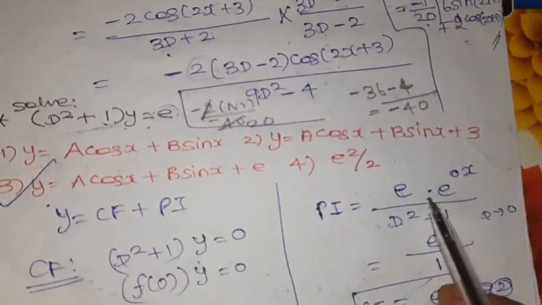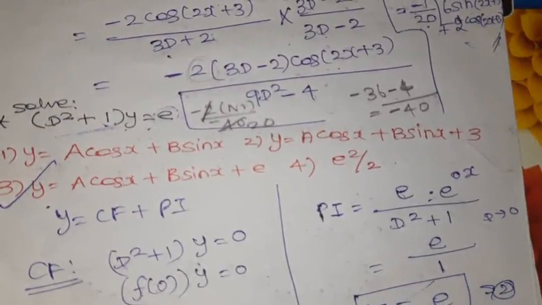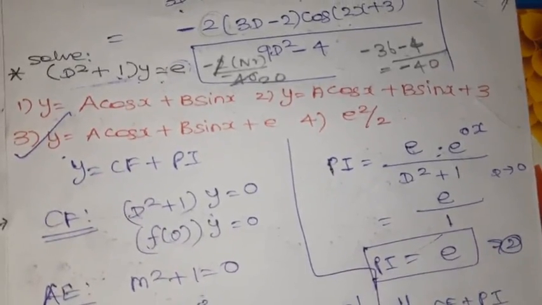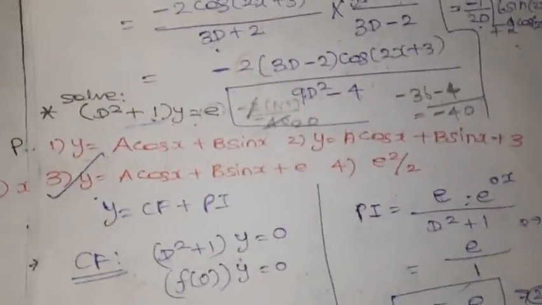We should write e as e power 0x, which will not affect this term. So for this problem, this is the solution. Option 3 is the right option for this problem.